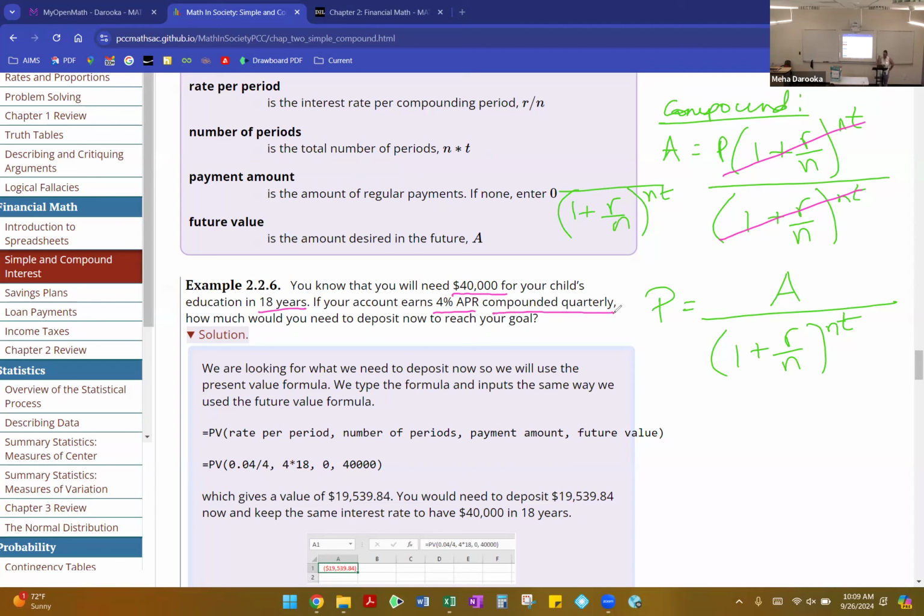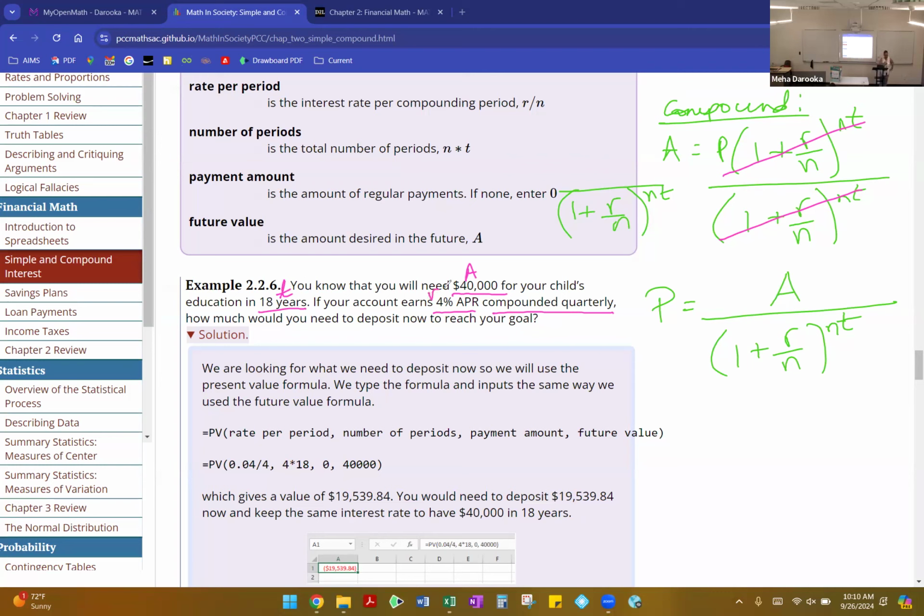Future value. Very nice. So 40,000 is the future value, or the A amount. 18 years will be time, T. Very good. That's the T value. 4% is the R. Great.